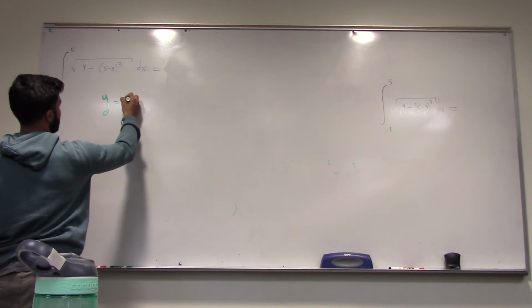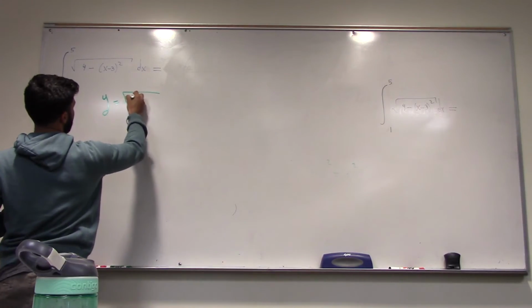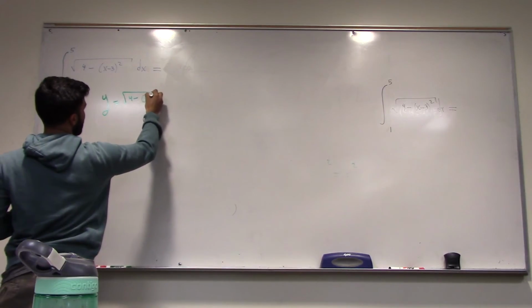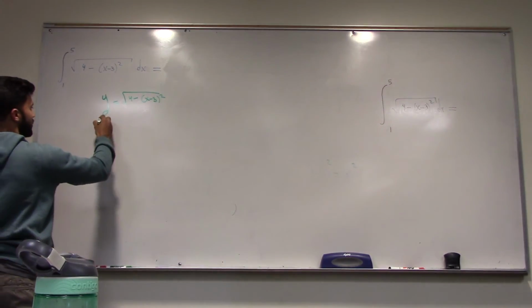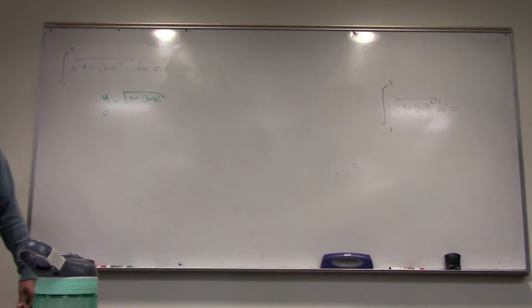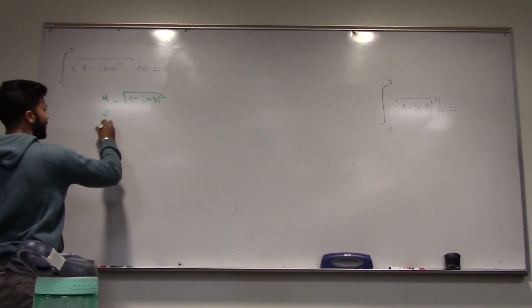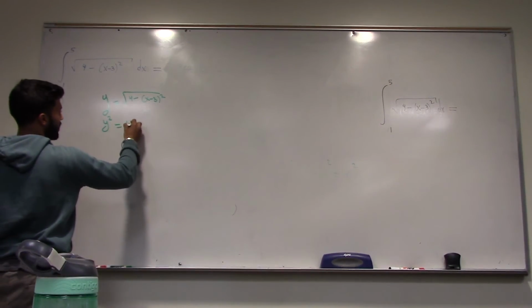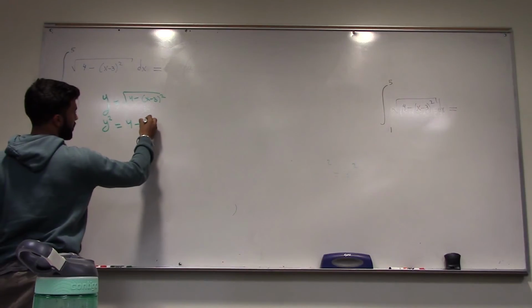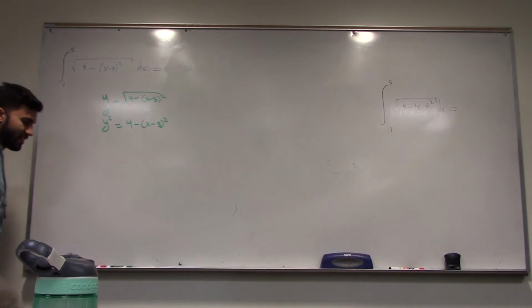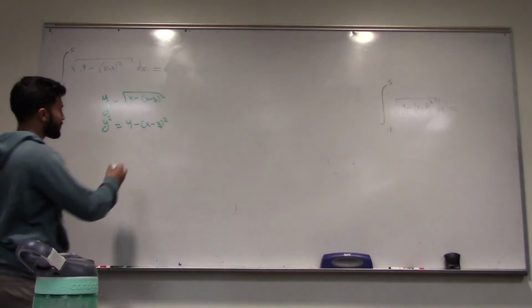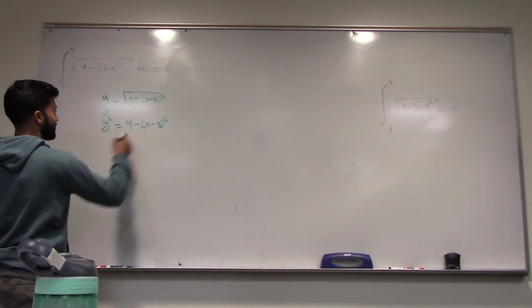So y equals square root of 4. What would you do to both sides of the equation, guys? Square. Then what do you add to both sides, guys? You add x minus 3 squared.